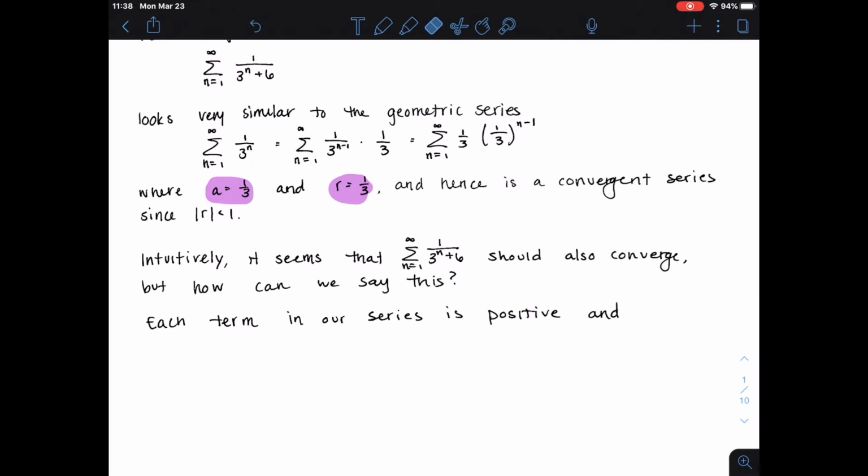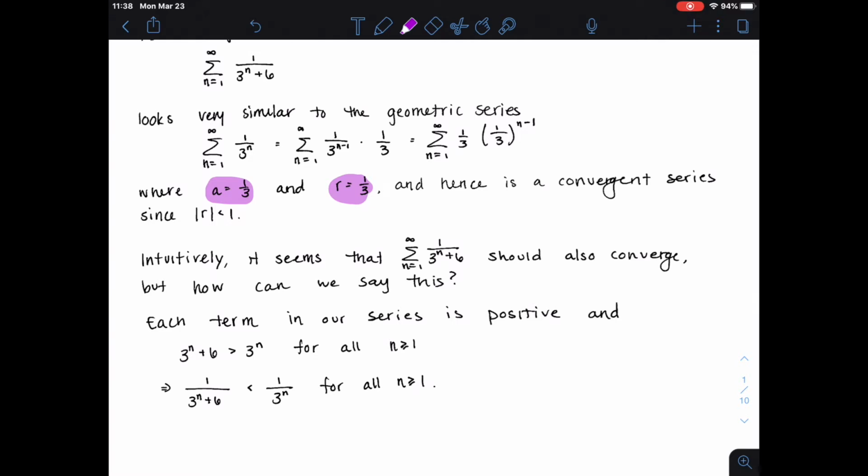So every single term in our series is going to be positive, and one comparison we can make is that when we add this plus 6 to 3 to the n, we can make this inequality here. So 3 to the n plus 6 is definitely greater than 3 to the n for all n greater than or equal to 1.